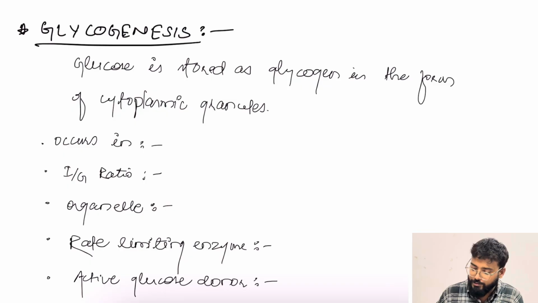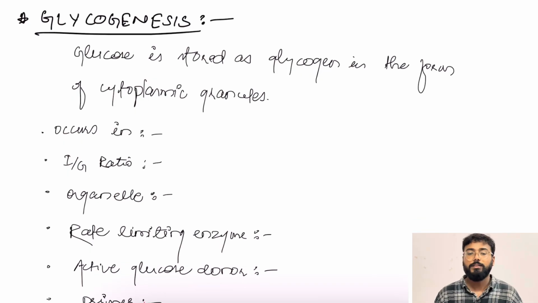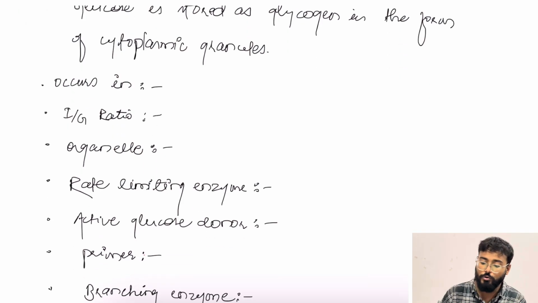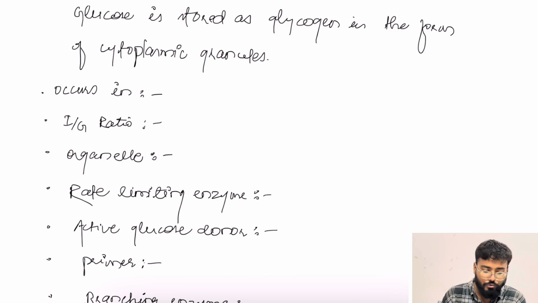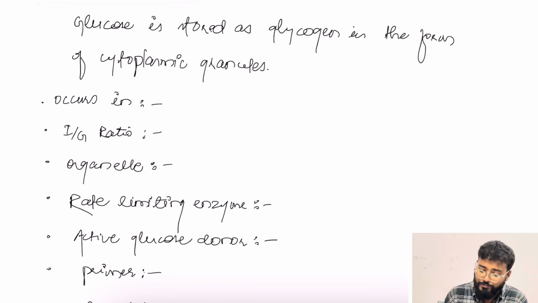Now let's discuss the process of glycogenesis. Glycogenesis occurs in order to store glucose in the form of glycogen, which is found in the form of cytoplasmic granules. In which state does it occur?